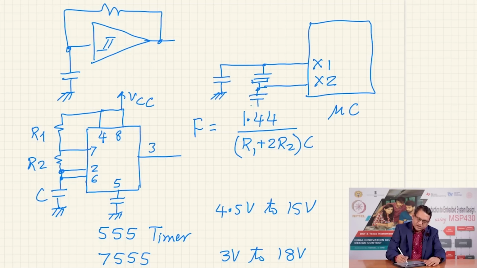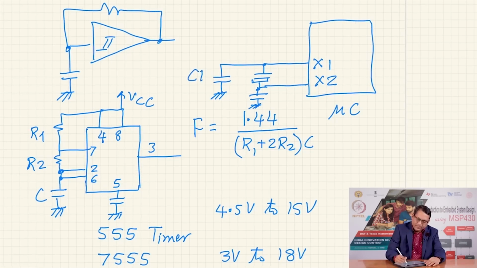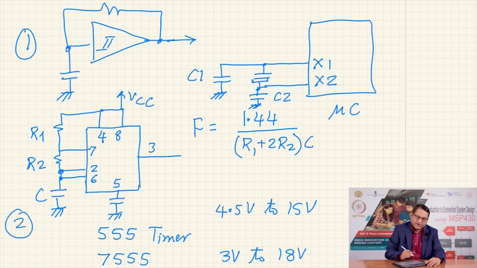These will be mentioned in the data sheet of your microcontroller, and you must follow those specifications. In case you do not want to use this crystal, then instead of this crystal, the output of such a clock generator, say 555 or 7555, could be connected to X1 or X2 input as mentioned in the data sheet.